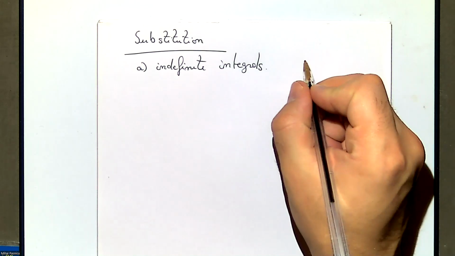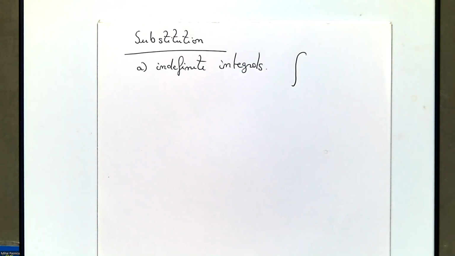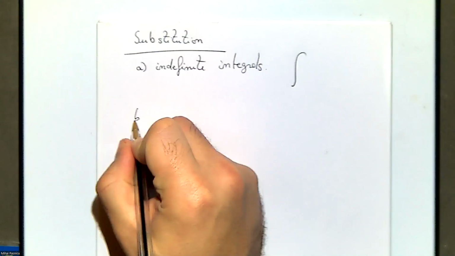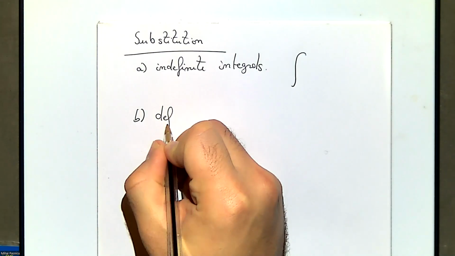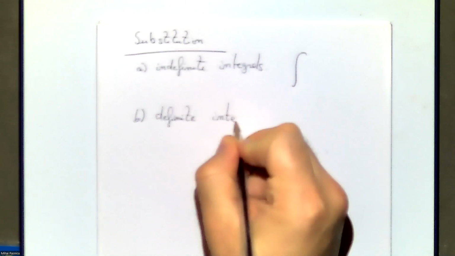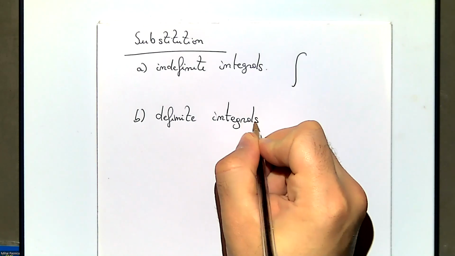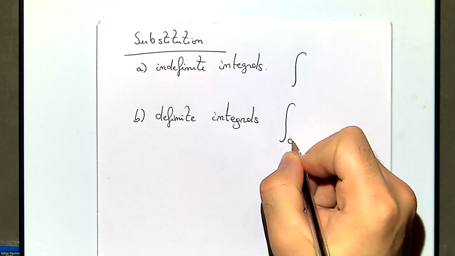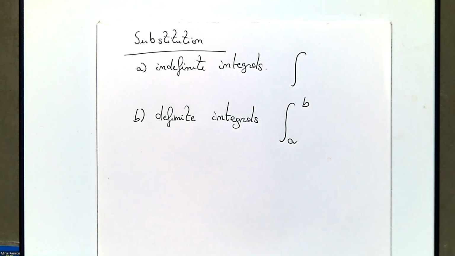So they look like this. Now I'm going to show you how to use it on the definite integrals, which is just a fancy term for integrals that are from A to B.